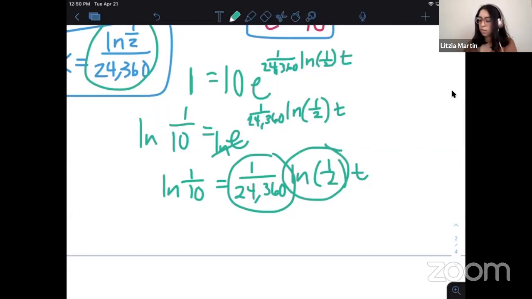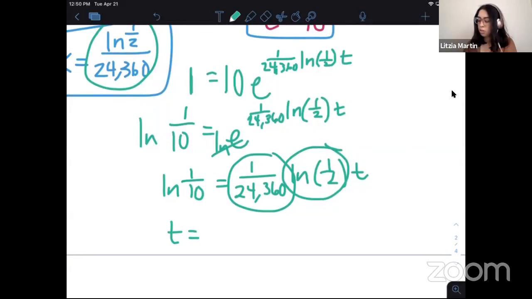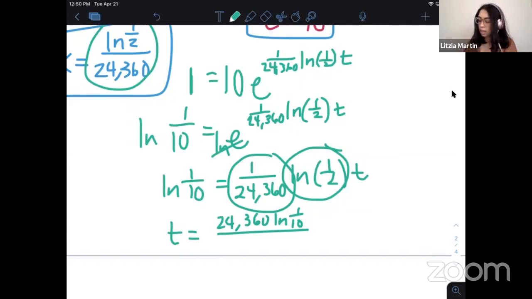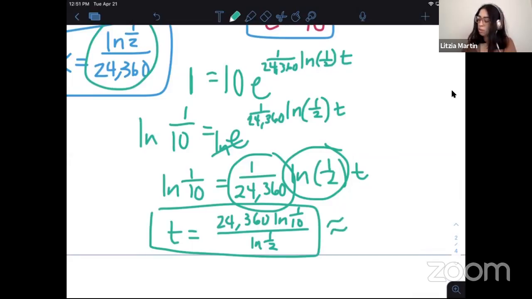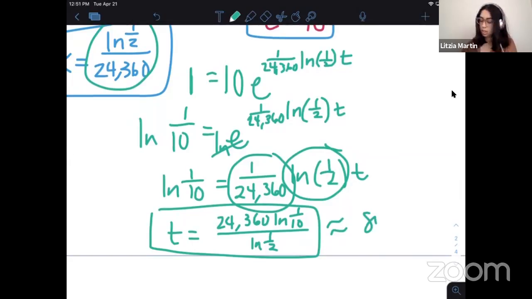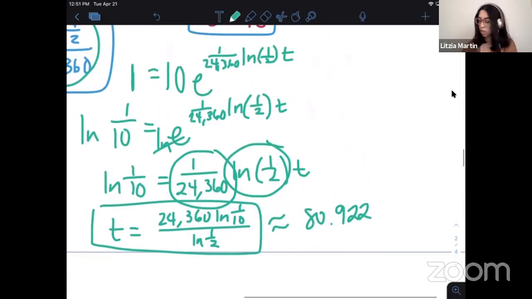So t is going to equal 24,360 times ln of 1 over 10 divided by ln of 1/2. And you can go ahead and plug that into your calculator. It should give you approximately 80.922 years.